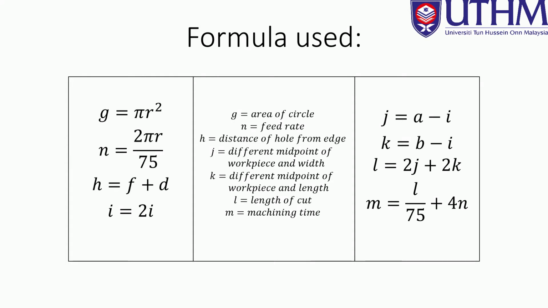So G equals the area of the circle, N equals the feed rate, H equals the distance of the hole from the edge, J equals the difference between the midpoint of the workpiece and the width, K equals the difference between the midpoint of the workpiece and the length, L equals the length of cut, M equals the machining time.